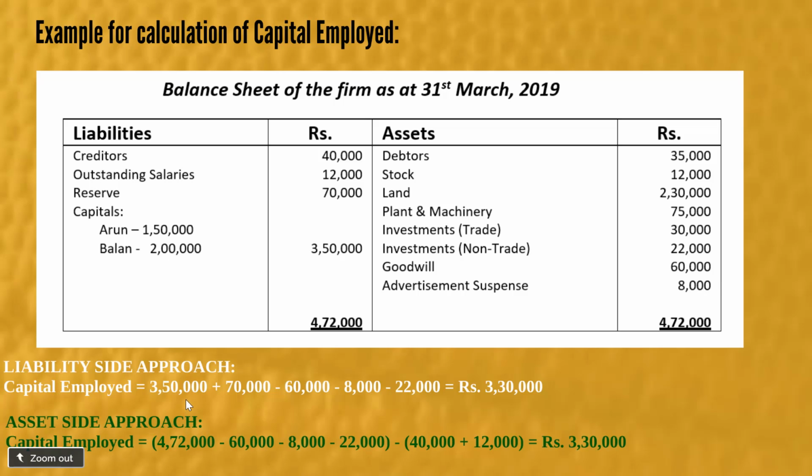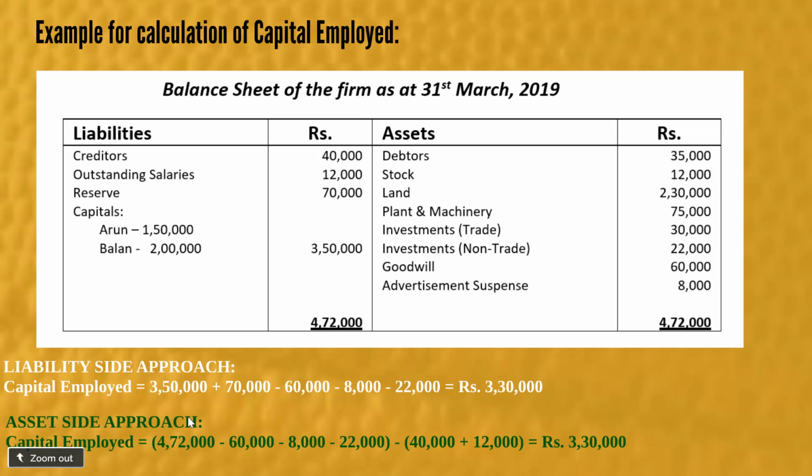So it's 3,50,000 plus 70,000 minus 60,000 minus 8,000 and minus 22,000, which is equal to rupees 3,30,000. So this is a way we will calculate capital employed from the liability side approach.